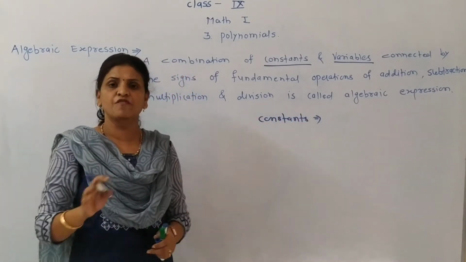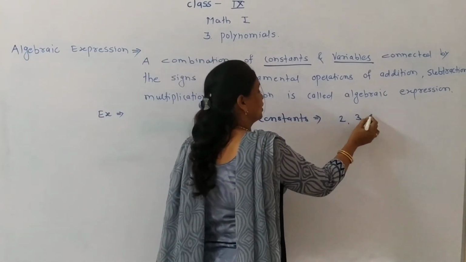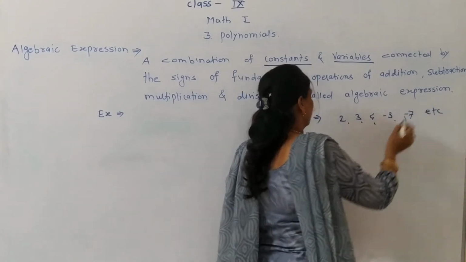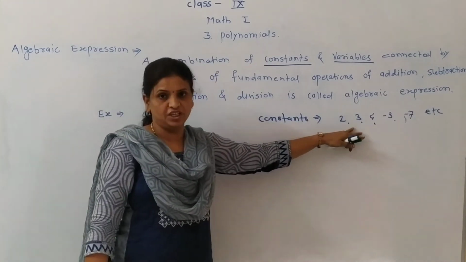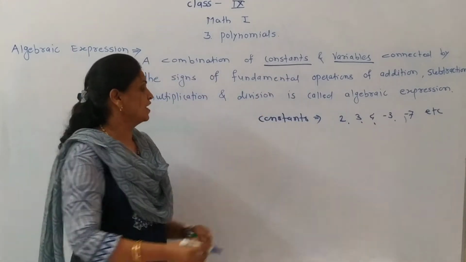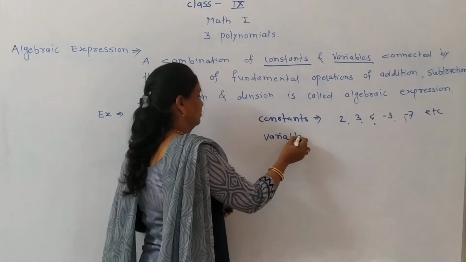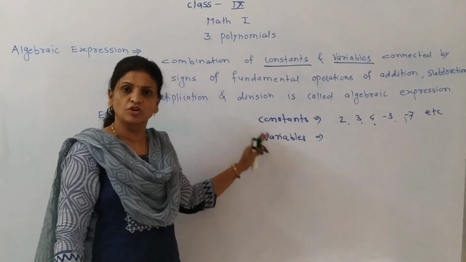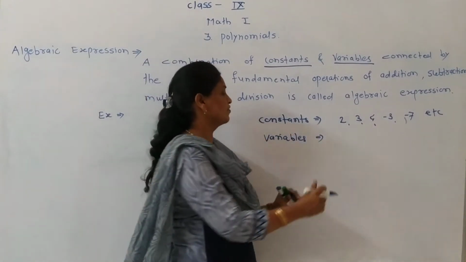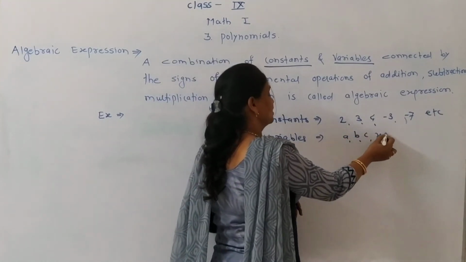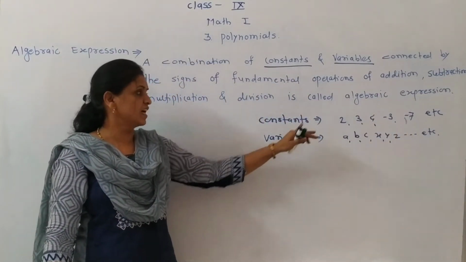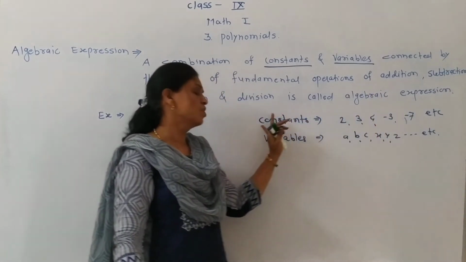Constant means any fixed number, that is 2, 3, 4, -3, -7, etc. All numbers are called constants. And variables: all the alphabets of the equations are called variables, that is A, B, C, X, Y, Z, etc. So alphabets are called variables and single numbers are called constants.